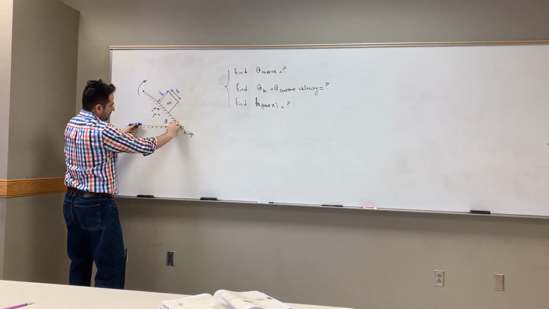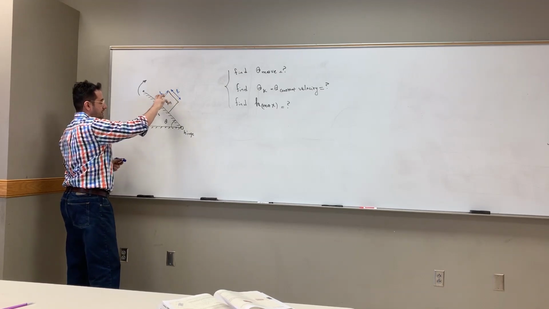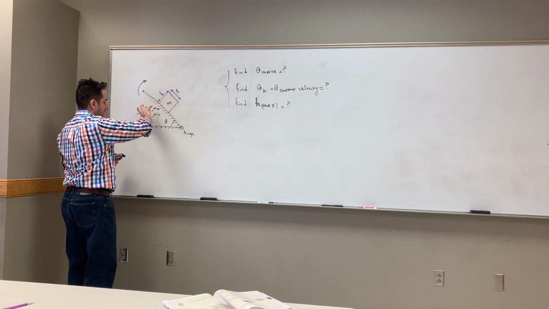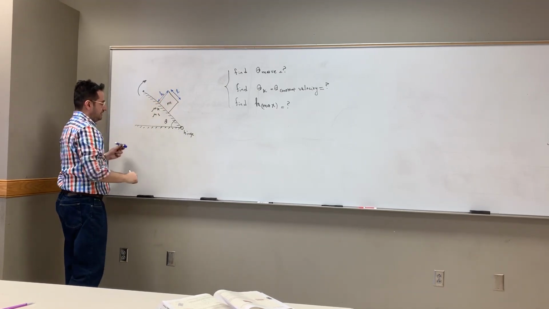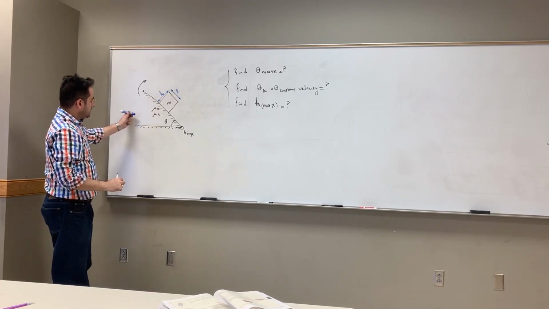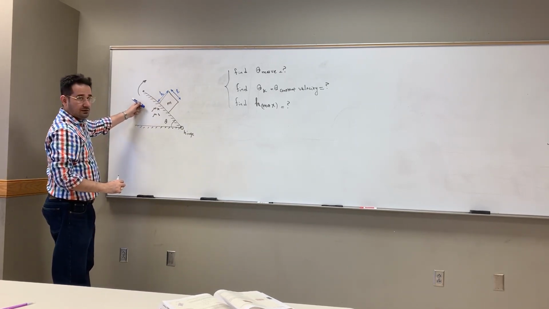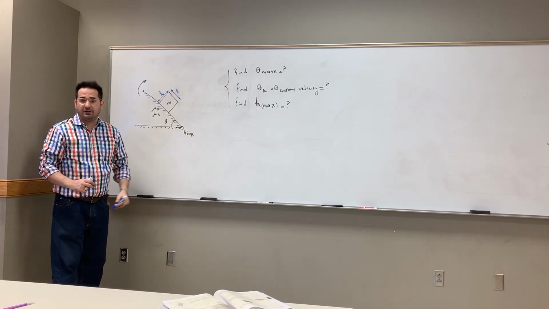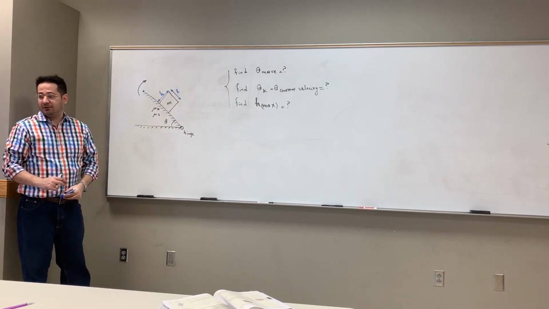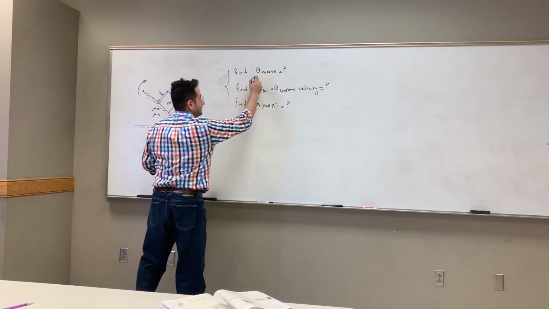So let's say this is originally 0. So this box is on a flat surface, right? Then we can use this mechanism to increase the angle. And you can see that at some angle, it's going to start sliding down. The question is, what is that angle?